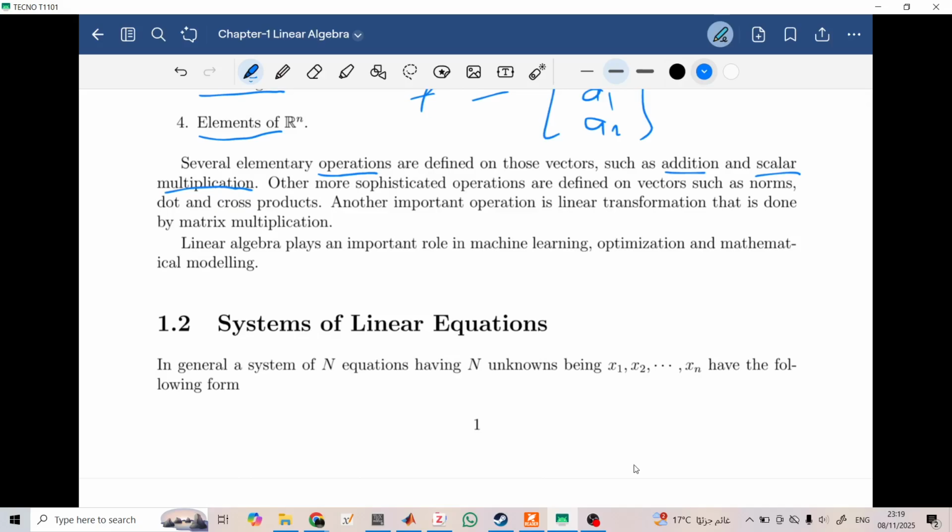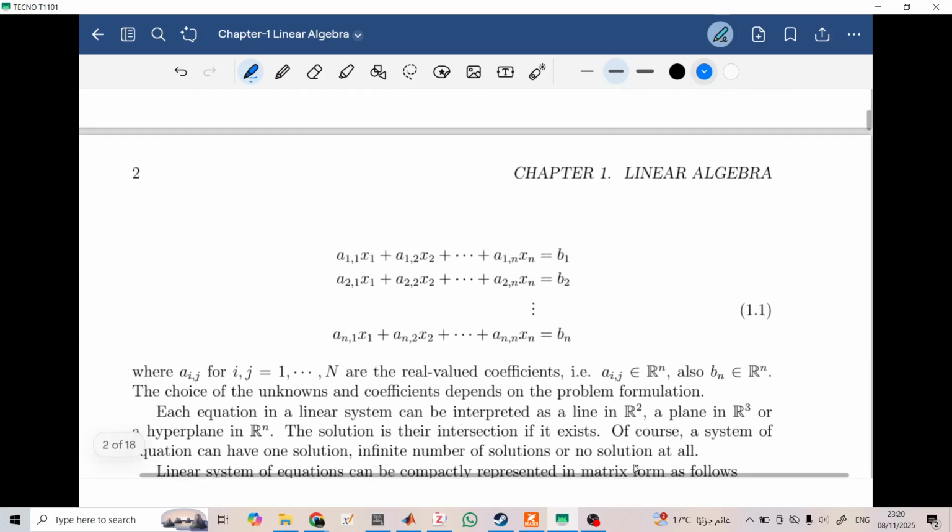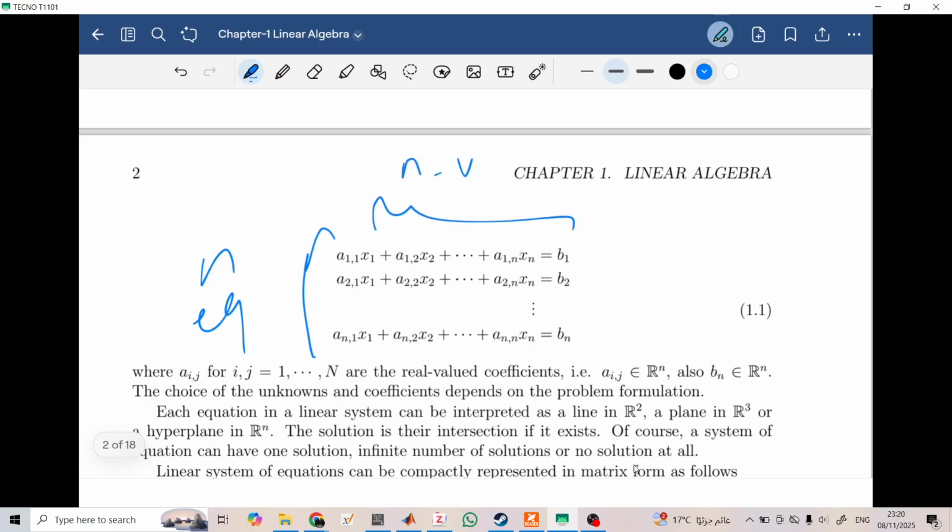Let's talk about the fundamental role of linear algebra in science and engineering. Actually, the first time we encountered linear algebra, matrices and vectors was in systems of linear equations. Let's say that we have a system, a group of linear equations. We have n equations here, and we have n variables.